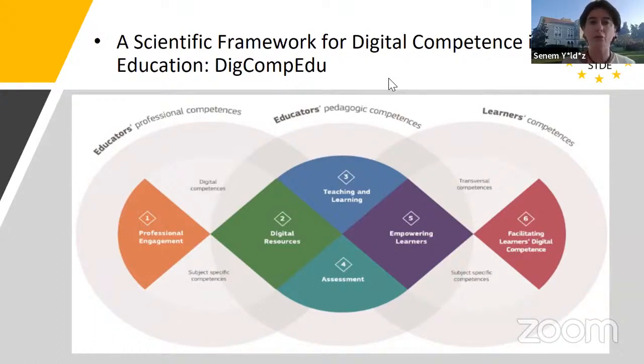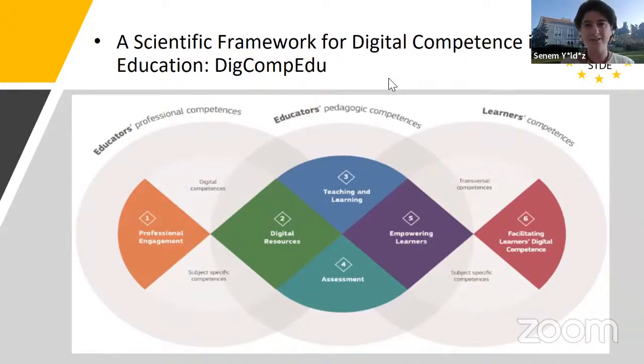In our teacher education programs, we need to know in which ways we can support our pre-service teachers to become digitally more competent. For in-service practicing teachers, this is a wonderful way to assess their digital competence and to see where they lack information, at what levels they are stronger, or where they need more support.